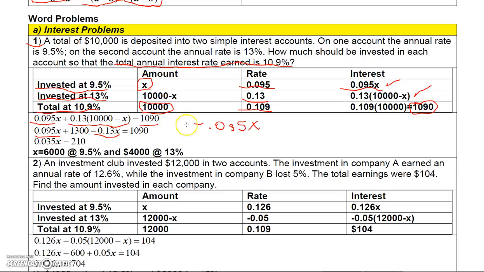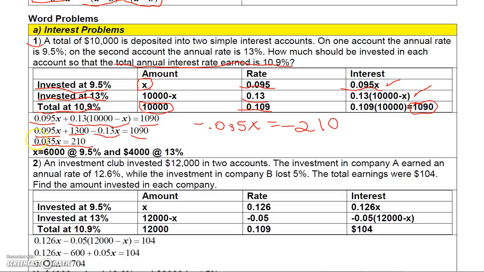And then when you subtract 1,300 from 1,090, you're going to get a negative $210. Since this has a negative on this side and this has a negative on this side, if I multiply both sides by -1, the negatives disappear, and I can just say that's 0.035x equals 210.